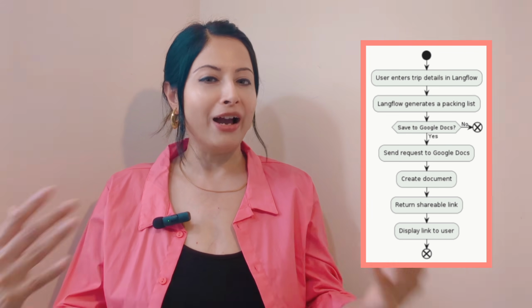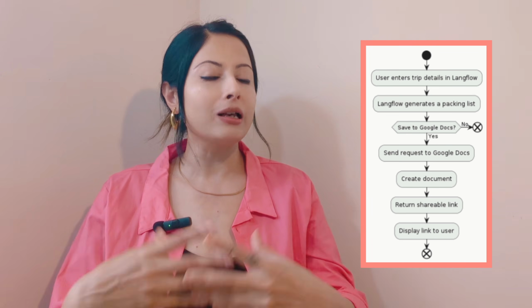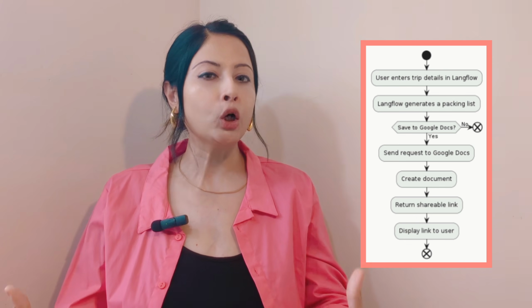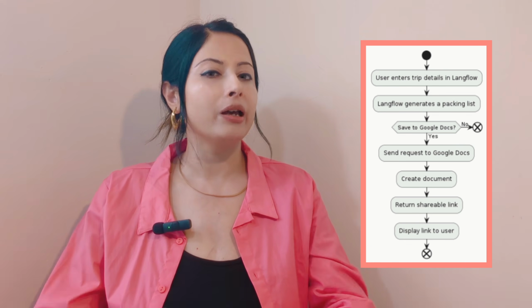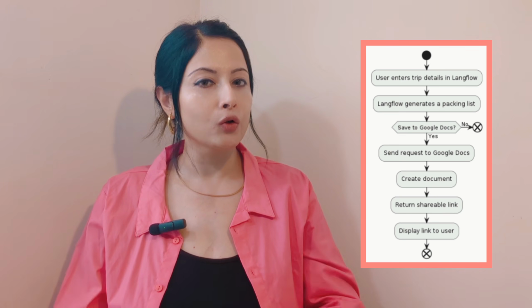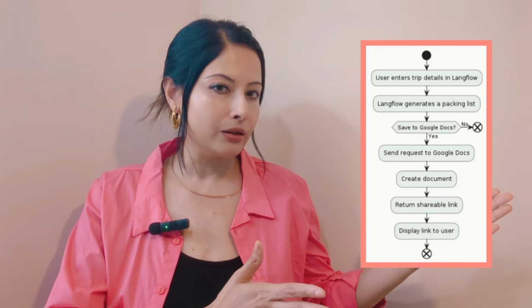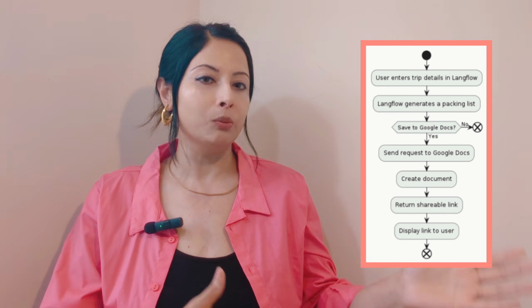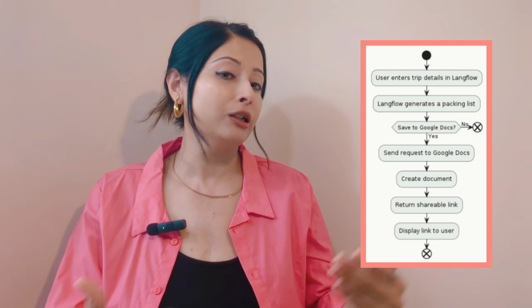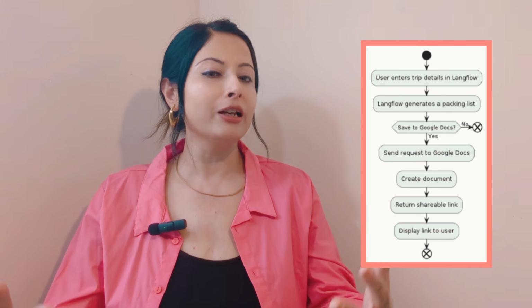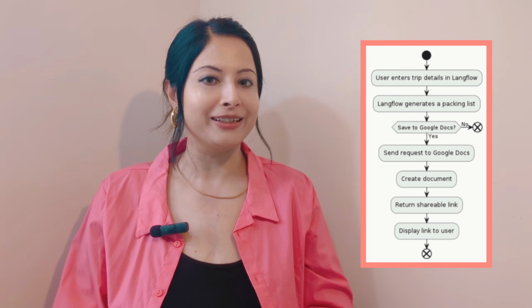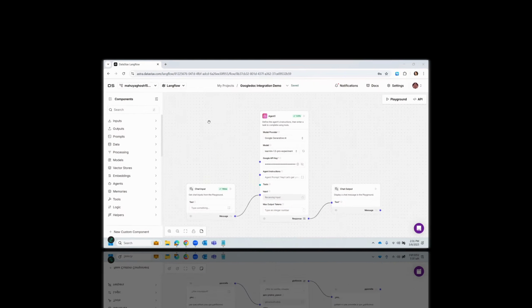And once the user finalizes the packing list and asks the AI agent to generate a Google Doc, the AI agent is going to go ahead and generate the Google Doc through the Google Docs integration through Composio, which you guys are going to learn in this video, and share a link in the same chat interface. Now that you guys know how it's going to work, let's go and set it up step by step.